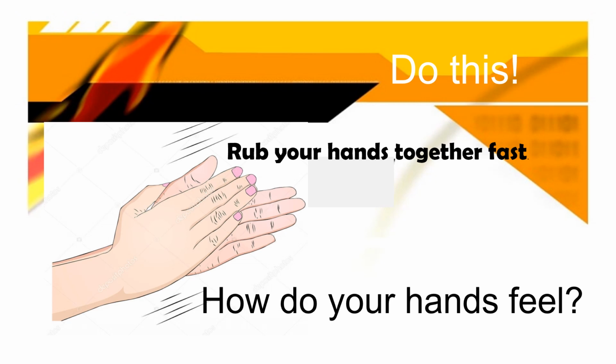Not that much. All right. So what did you feel? All right. So you felt the heat coming from your hands. All right. So how did you make heat? You rubbed your hands together. So rubbing your hands together can make heat.